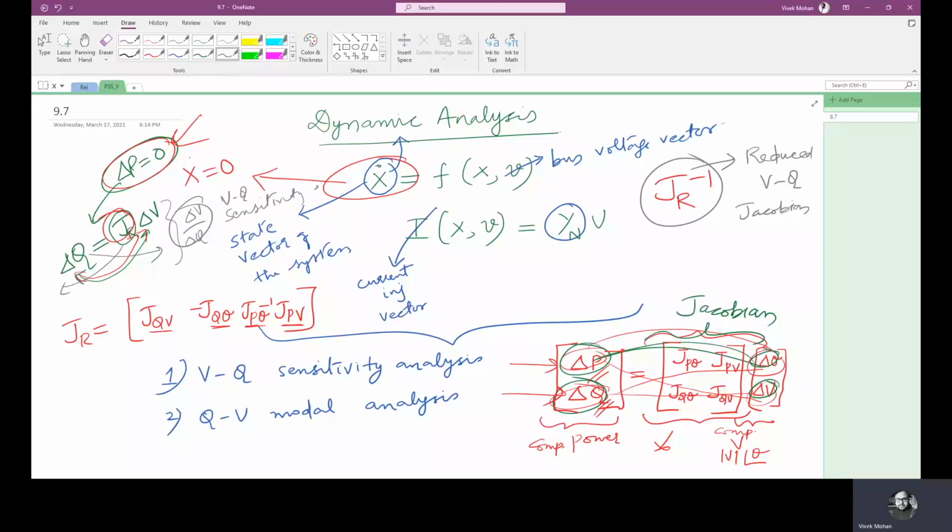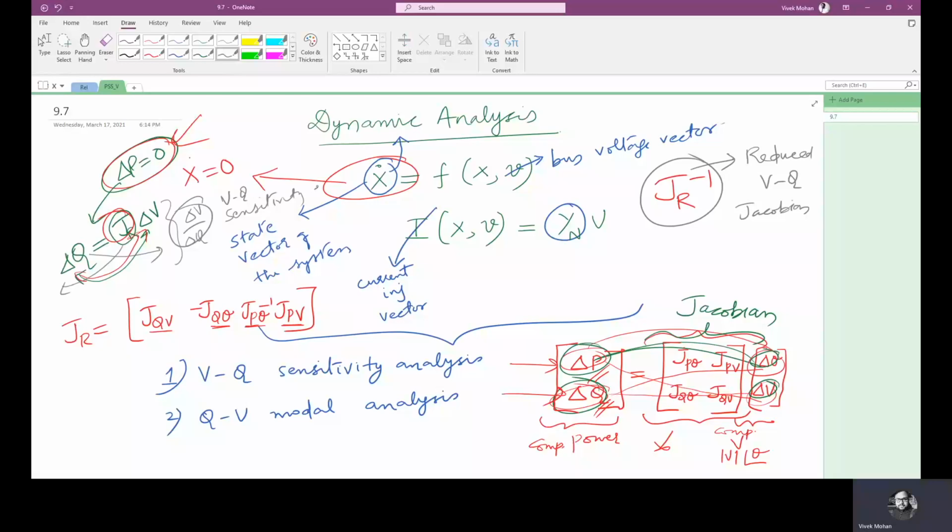So we assume a positive slope there. But instead, if we see a negative slope, it's an abnormality and we take it as an unstable condition. So the condition for stability depends on the VQ sensitivity. From the QV curve, we have seen that. The same thing we apply here.